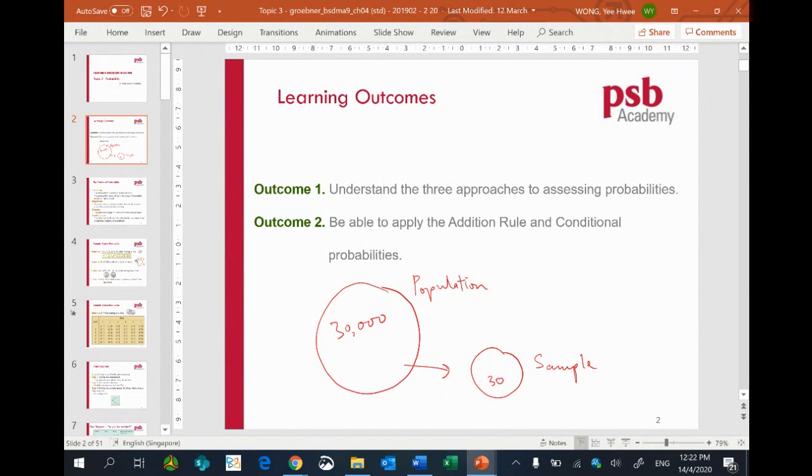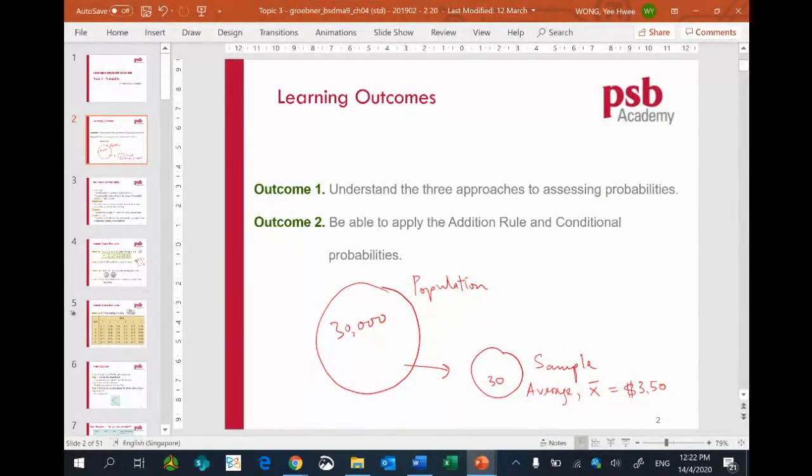Once you have the 30, you can actually find out the average. I'm just still using the same example we have. You know the symbol for the sample average is X bar. X bar you calculate from these 30 numbers, let's say it's $3.50. The price of one regular bubble tea for these 30 stores is $3.50.